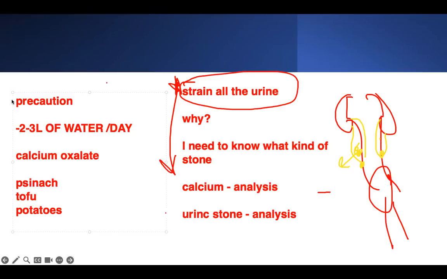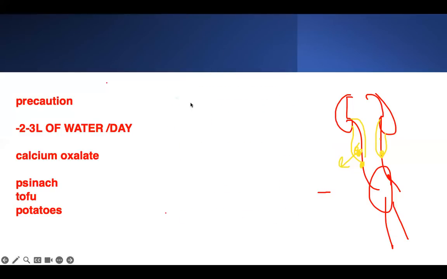Those are the common ones, okay? And it happens because you absorb too much of the oxalate in your GI tract. This is a little bit confusing to understand. Usually when you have calcium, the calcium binds to the oxalate, and it prevents the oxalate from being absorbed.